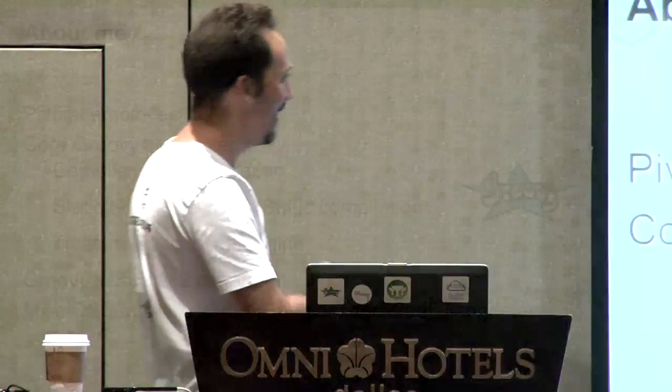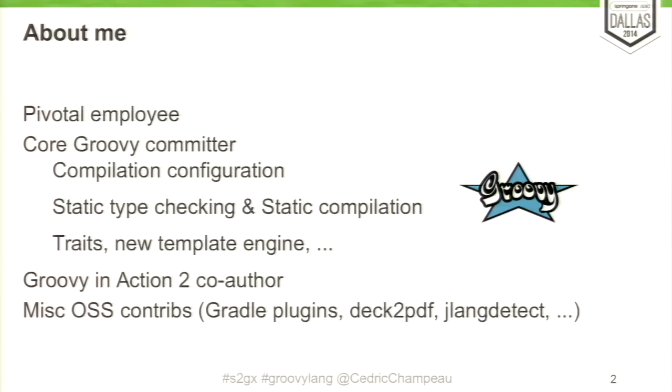Let's start. Just a few words about me. For those of you who don't know me, I am employed by Pivotal to work on Groovy core. I am, for example, the one to blame for the static type checker, the static compilation stuff, the new template engine, etc. And in particular for this talk, I implemented the traits feature in Groovy.